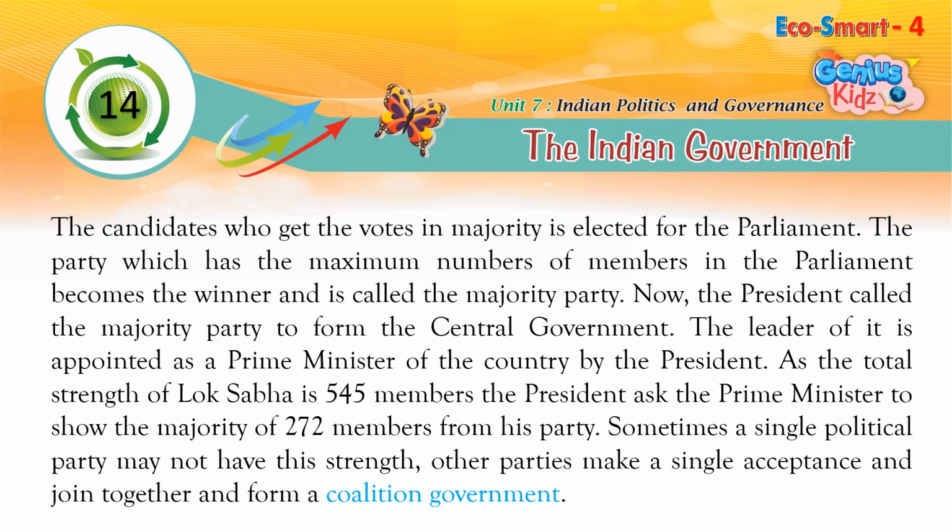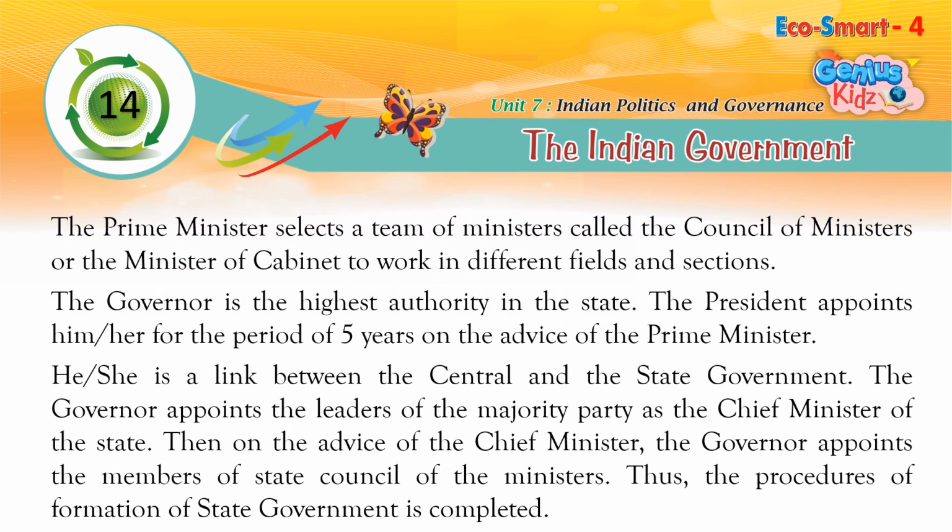Sometimes a single political party may not have this strength. Other parties make a single acceptance and join together and form a coalition government. The Prime Minister selects a team of ministers called the Council of Ministers or the Cabinet to work in different fields and sections.